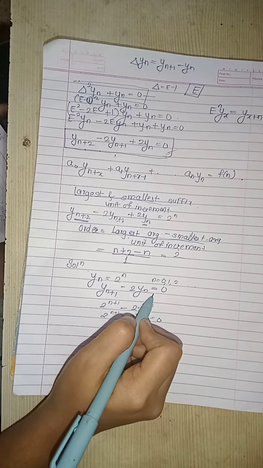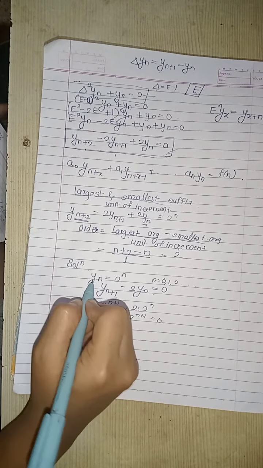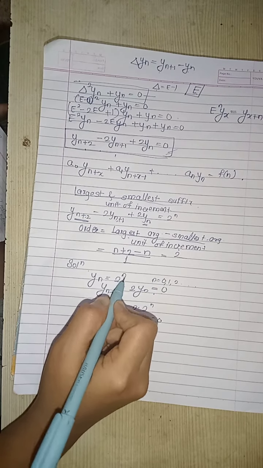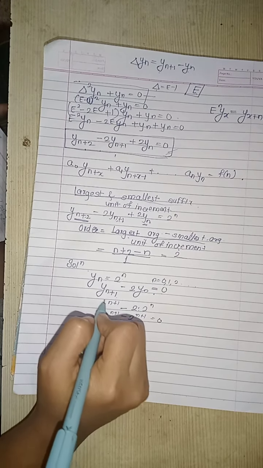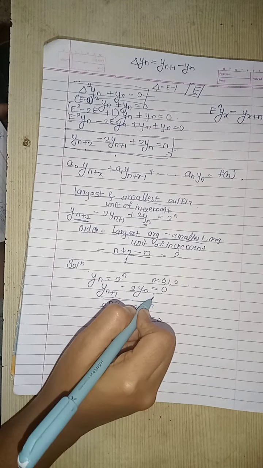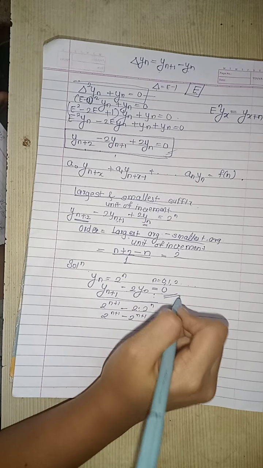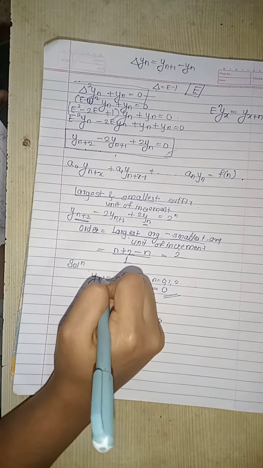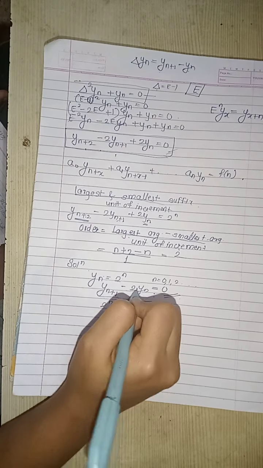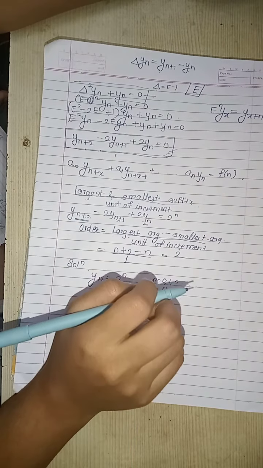Therefore, yn equals 2 raised to n is the solution of the difference equation yn plus 1 minus 2yn equals 0. If you are given this kind of difference equation, you need to find the value of yn such that if you substitute it in the difference equation, it satisfies the given equation.